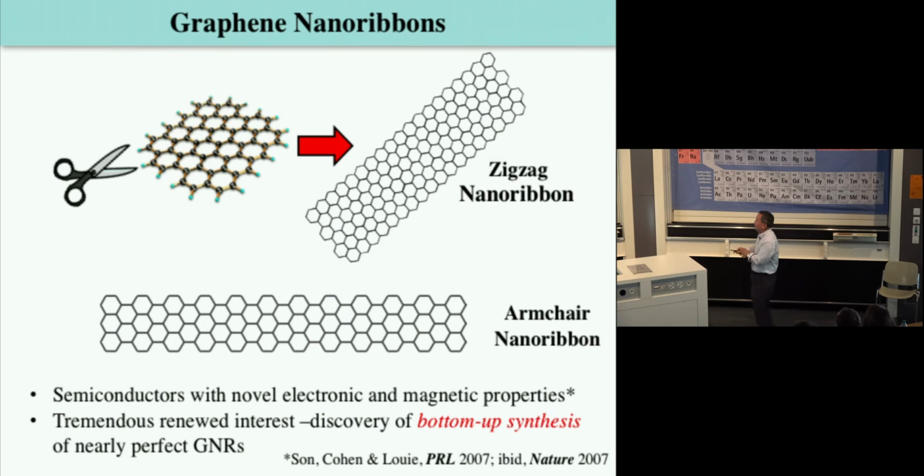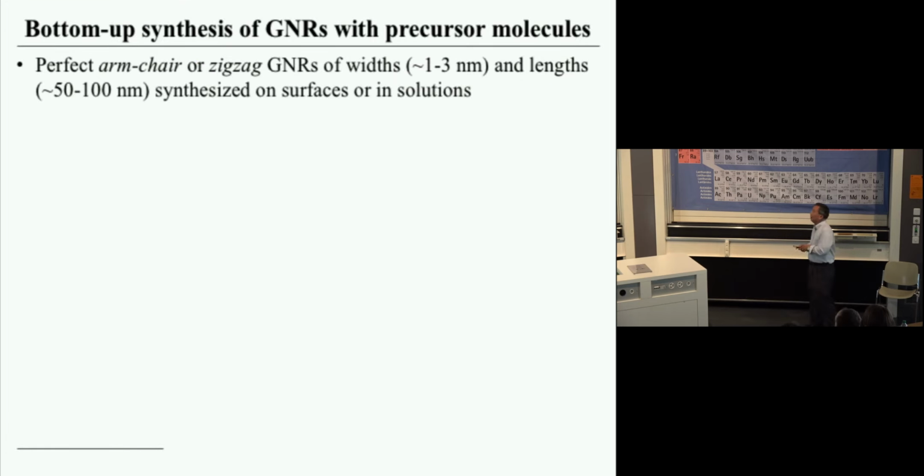But nowadays, there is tremendous renewed interest experimentally in this kind of system because of the discovery of a bottom-up chemical synthesis way of making nearly perfect graphene nanoribbons. So nowadays, you could make almost perfect armchair or zigzag graphene nanoribbons with widths on the order of a few nanometers and lengths on the order of hundreds of nanometers.